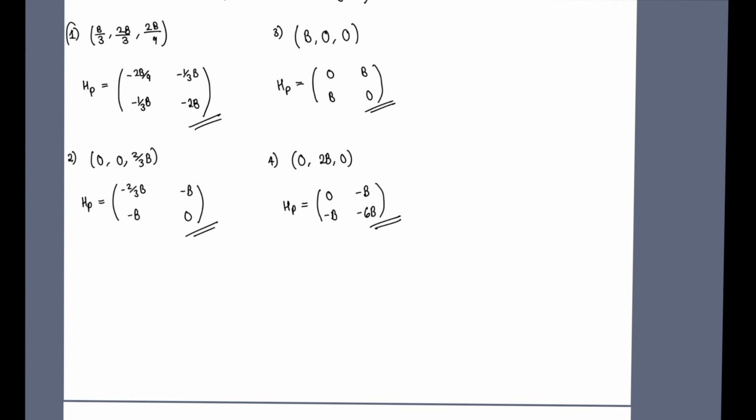If I start off with equation 1, we have the determinant of the matrix minus lambda times the identity matrix. So we need to find the determinant of minus 2b over 9 minus lambda, minus 1 over 3b, minus 1 over 3b, minus 2b minus lambda.